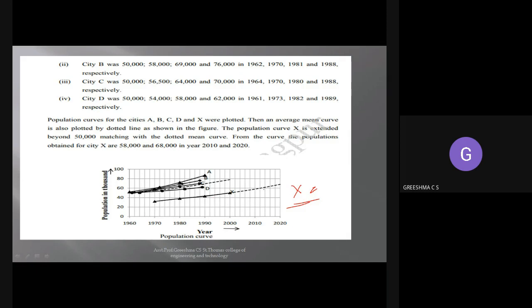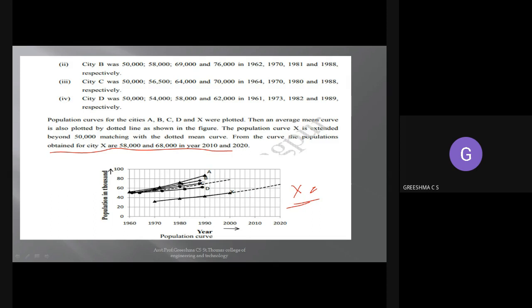From the curve, the population is obtained for city X for the year 2010 or 2020. Based on the available information, I will plot a graph. From this plot, I can find the population for city X for a particular year, 1990 or 2000, 2010, or whatever it is.